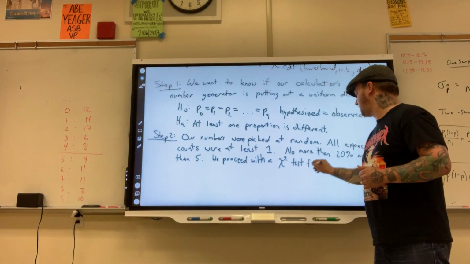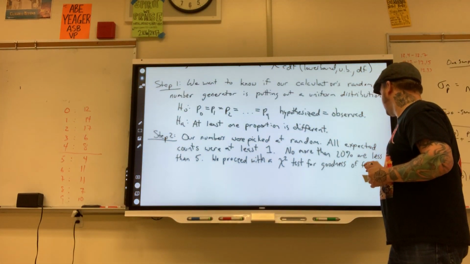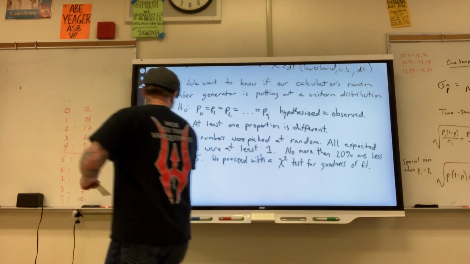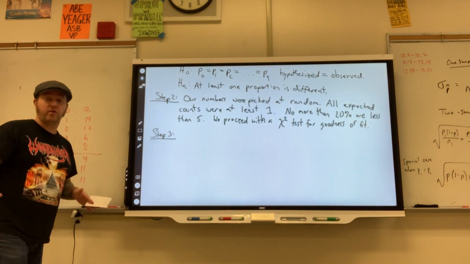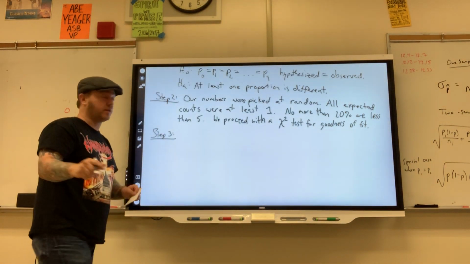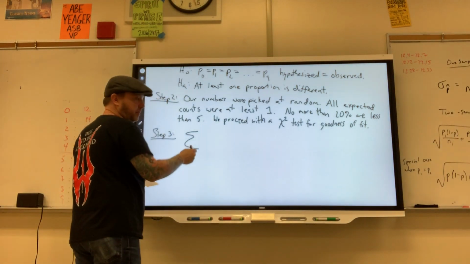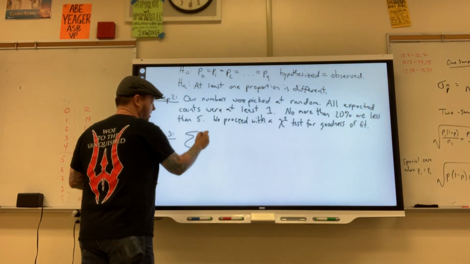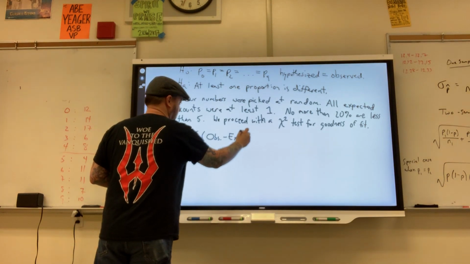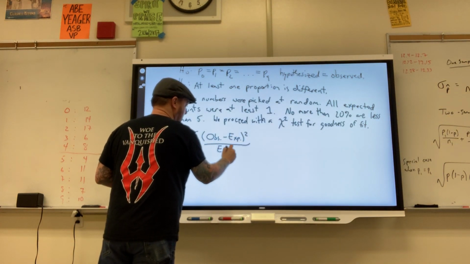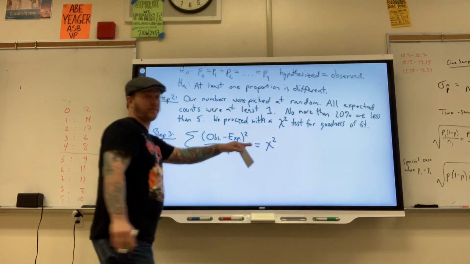Chi-square test for goodness of fit. Step 3, math. Step 3 is where we do our inference. So to show your work, what I want you to do, it's the sum, right, of, you don't have to write this.